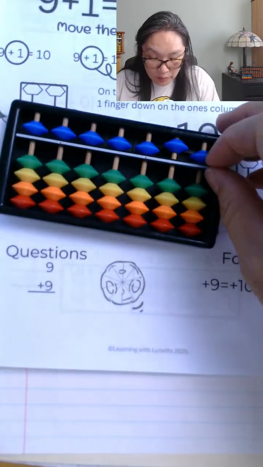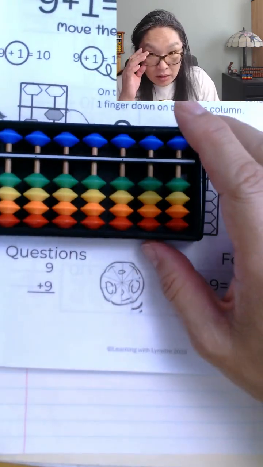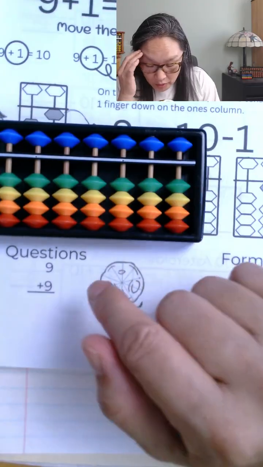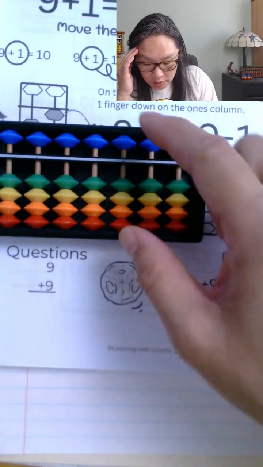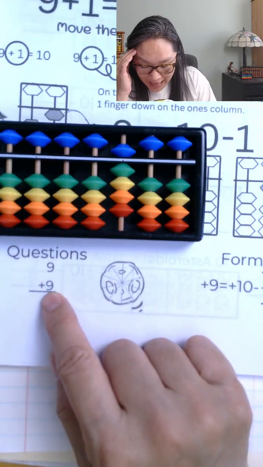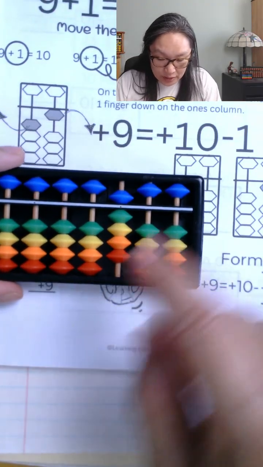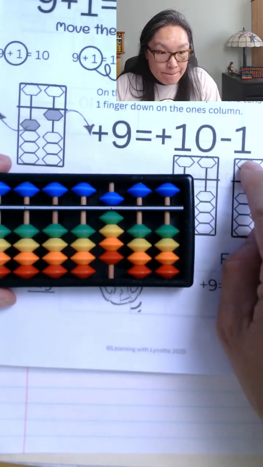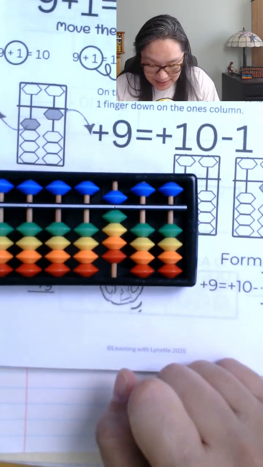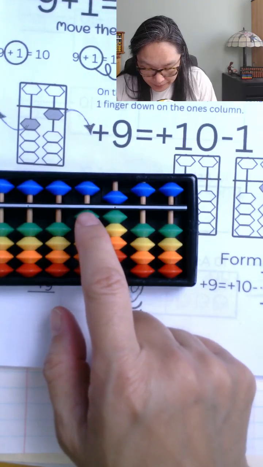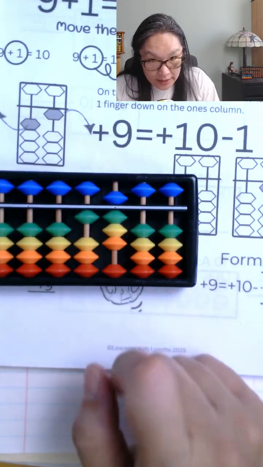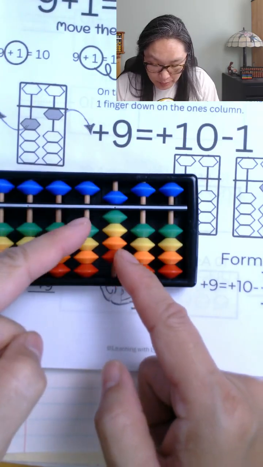So again, we don't memorize our doubles. What we do memorize is our formula. So we have our 9 and we take away and we add another 9. When we add a 9, we need to plus the 10 minus the 1. And then you'll see that there is a pattern.